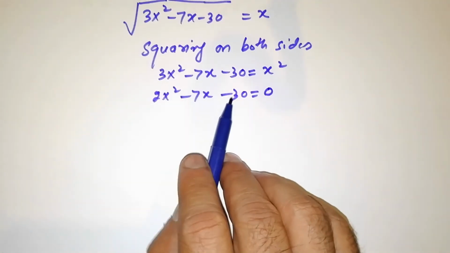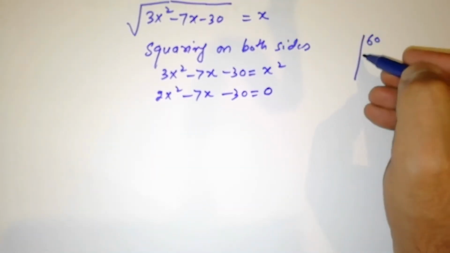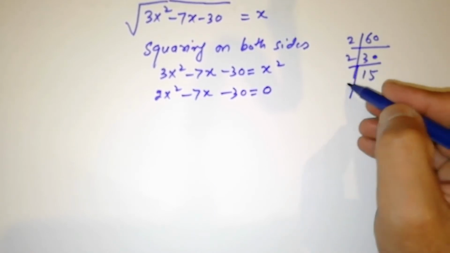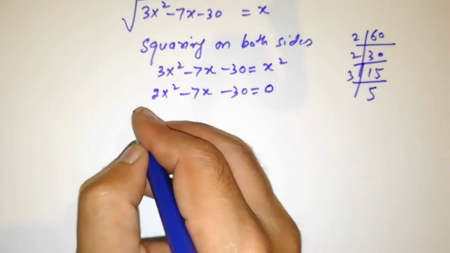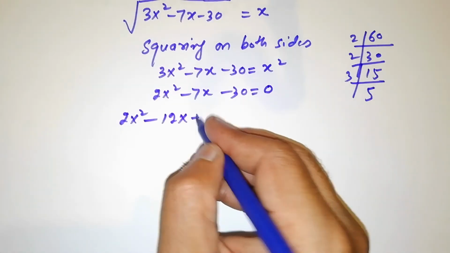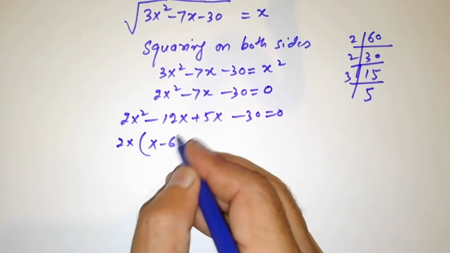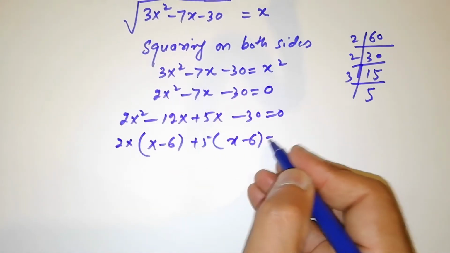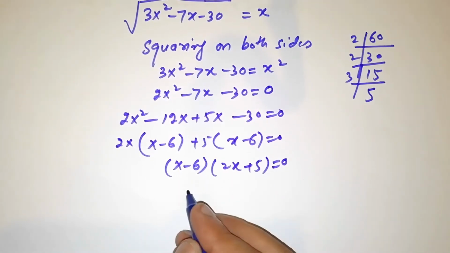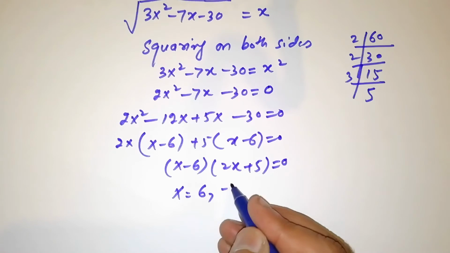This will give us 60. So now we make factors of this 60, 12 and 5. Therefore 2x square minus 12x plus 5x minus 30 equal to 0. So 2x is common, x minus 6, plus 5 is common, x minus 6. Therefore x minus 6 and 2x plus 5 equal to 0, which gives us x equal to 6 and minus 5 by 2.